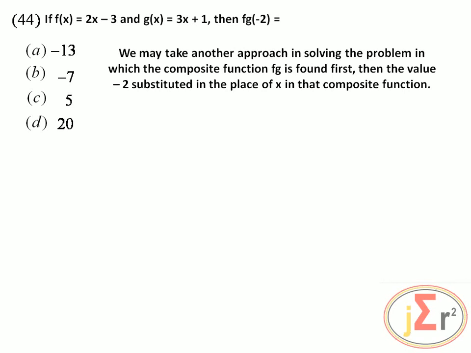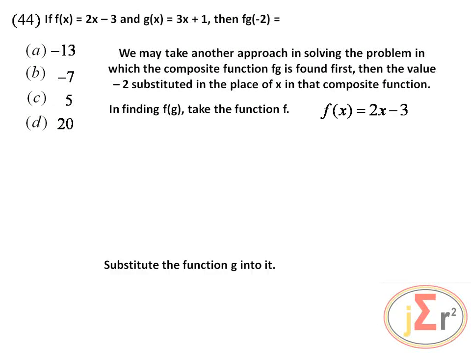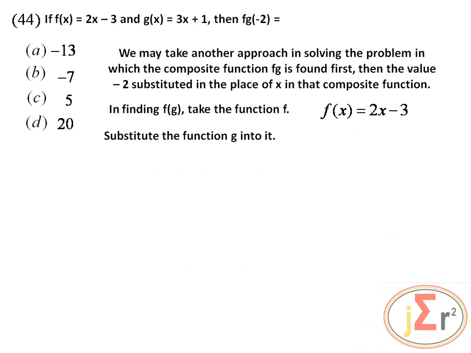We need to find f of g of negative 2, so we may find the composite function f of g first. In finding f of g, take the function f, which is the leading function. Then what do we do? Substitute the function g into it. So in the function f, where we see x, we will replace that with g.